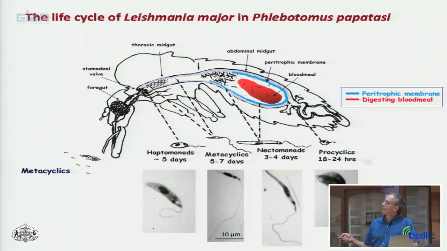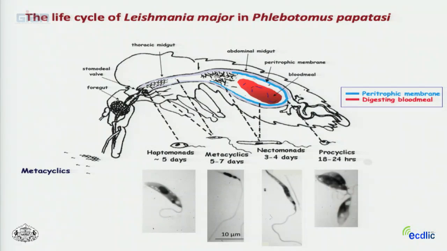So all of these events are accompanied by the differentiation of these flagellated promastigote forms, from these dividing procyclics to this elongated nectomonad form and to these mature forms that are found in the anterior gut, these haptomonad forms, and most importantly, these metacyclic promastigotes, which are very motile forms, have this elongated flagellum in proportion to the cell body.